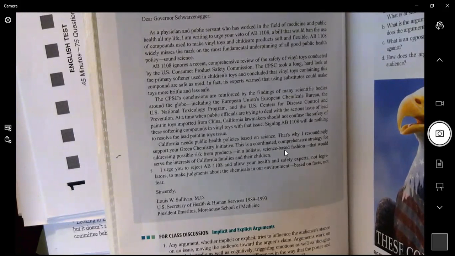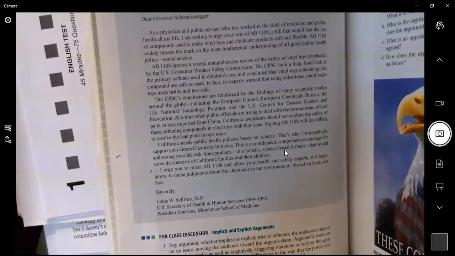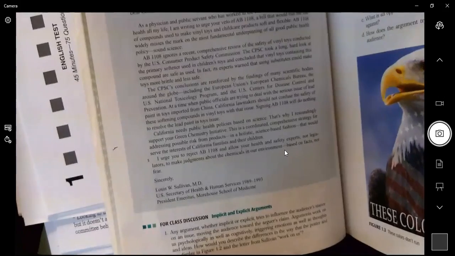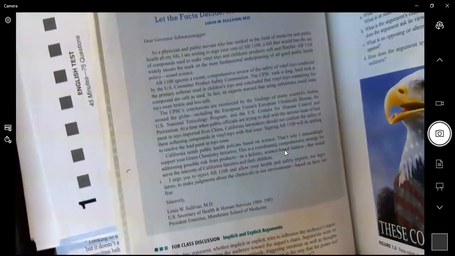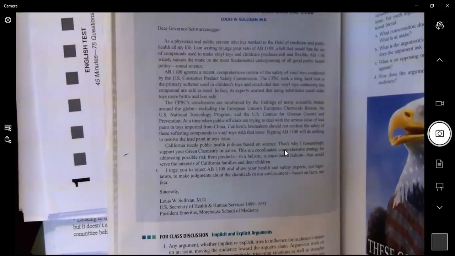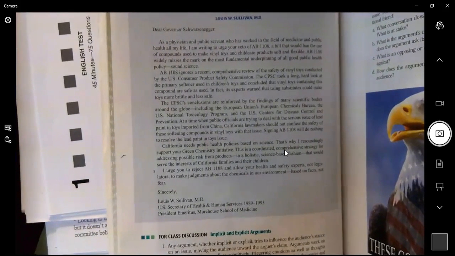So maybe this dates this book, but it also gives you some pretty good ideas still of what explicit arguments look like. He starts immediately by saying what his stake in the argument is. He's a physician and a public servant.